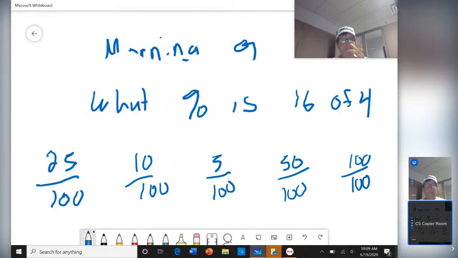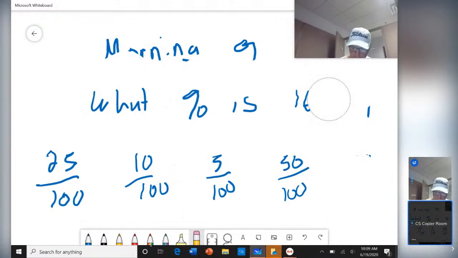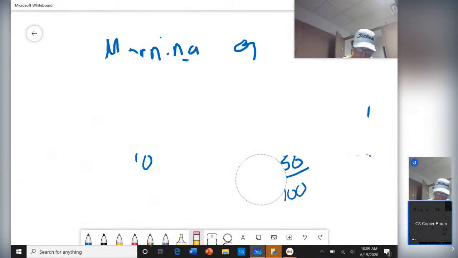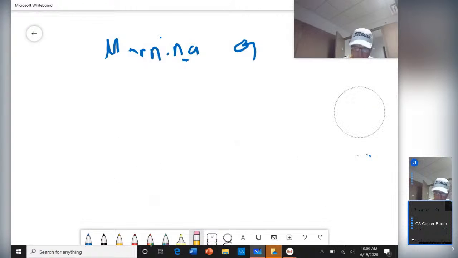Okay, so basically, you guys, fractions, decimals, and percentage all tie in together. And like I said before, there's two ways you can do it. And we'll go back to the 16 out of 4.